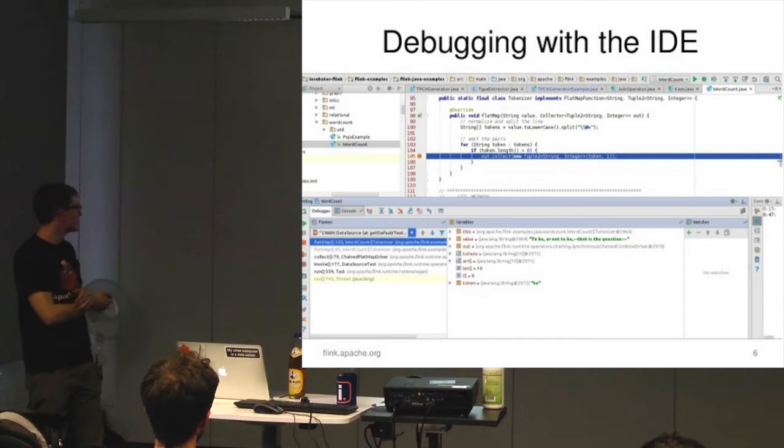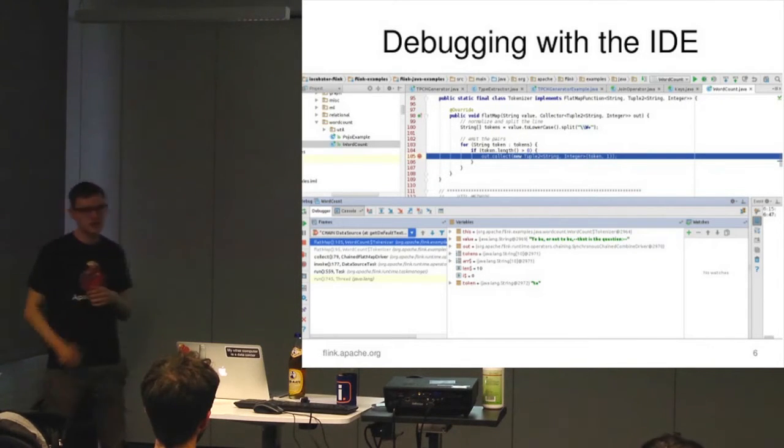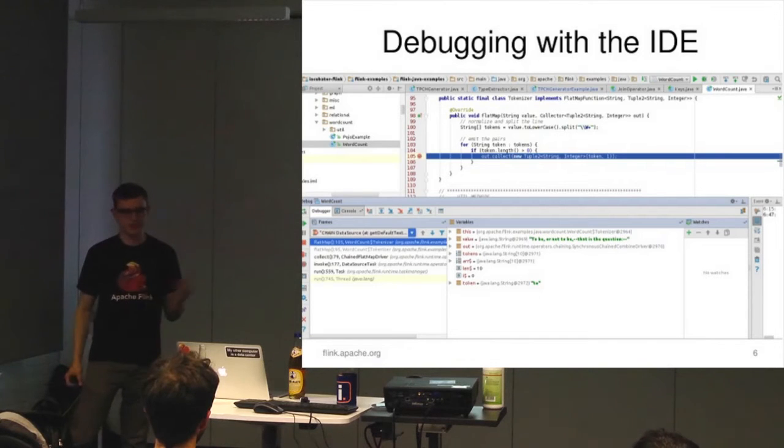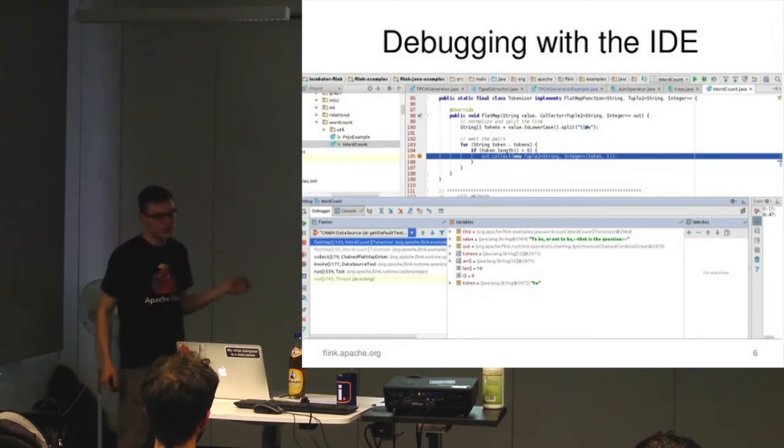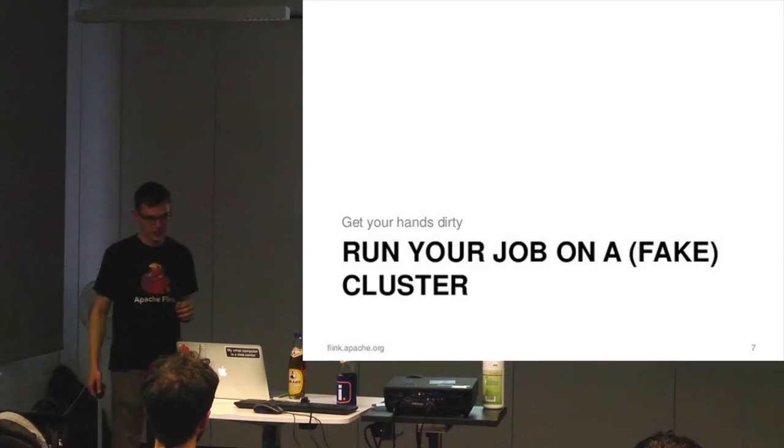You can see here this string value is, for example, this line here. And then you can see that we have 10 tokens split from that input string and so on. So it's super easy to locally step through your functions, see what they are doing, what input they are getting, and so on. With these utilities already, you should be able to develop a working job locally.